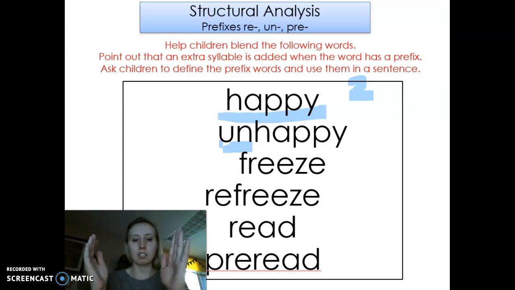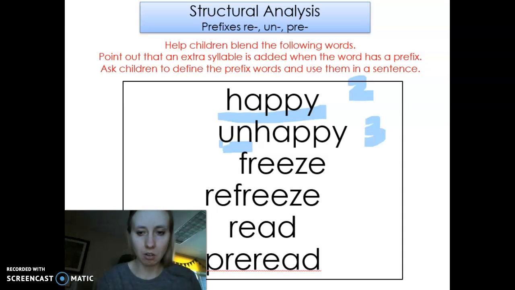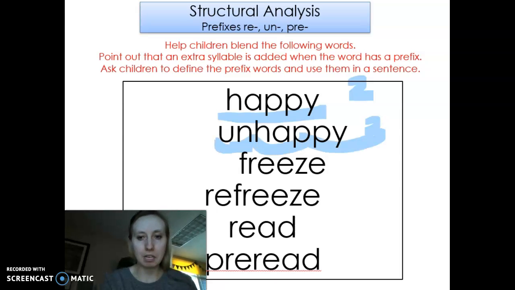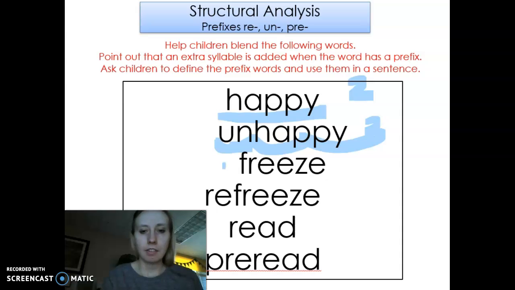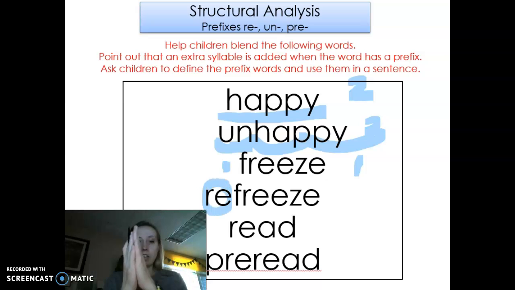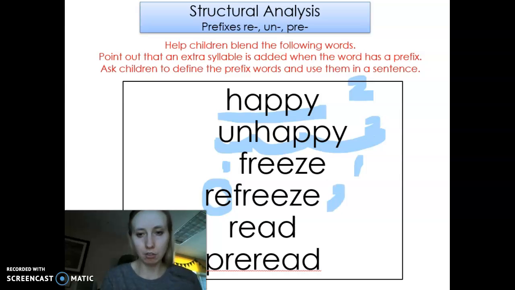So let's read it. Unhappy. Did you notice how un becomes a new syllable? Unhappy. Okay. Now we have freeze. Freeze. That's just one. But if I put re, which means again, refreeze, I have 2 syllables now. Refreeze. And re means again.